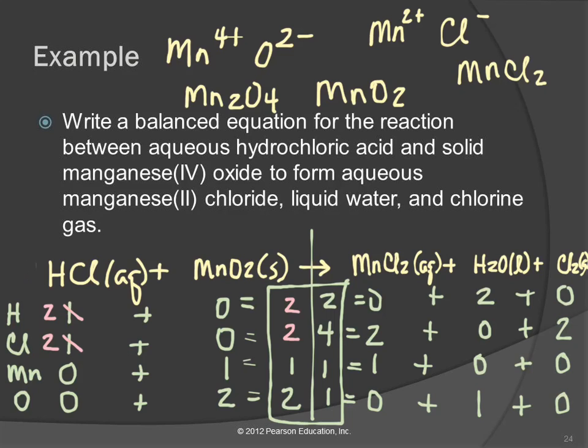So I'm going to take off that 2, and I'm going to make it a 4. Why 4? Because I'm trying to get 4 chlorines. I had 2 before. If I put a 4 here, now I've got 4 chlorines, I'm writing with the eraser, 4 chlorines and 4 hydrogens.